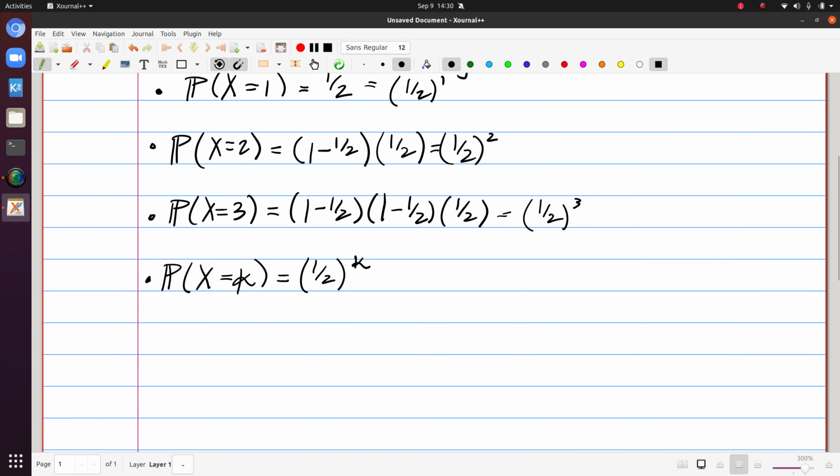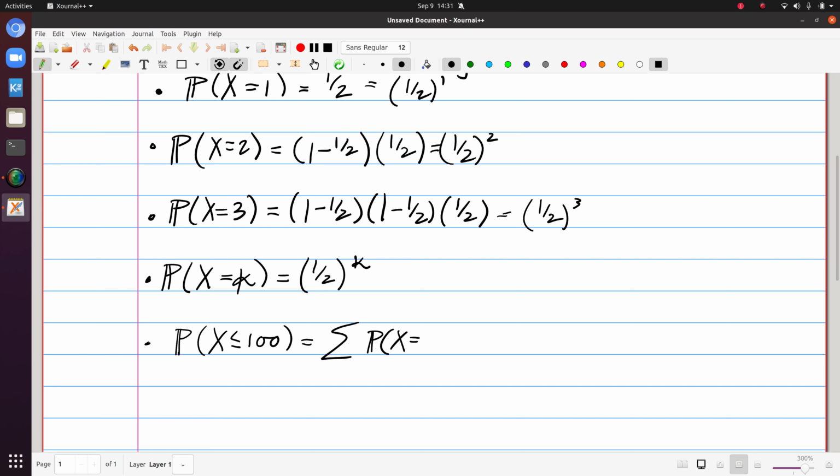Likewise, I could have thought of this as k minus 1 flips on which I did not see heads, multiplied by that probability that I do see heads on the kth turn. So we can do a couple things from our more recent knowledge. If I were to ask, what is the probability that x is less than or equal to 100? Now that I have a formula for the probability that x is equal to k, I can express this as a sum.